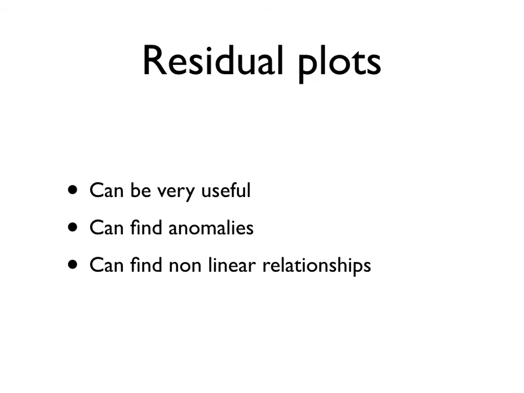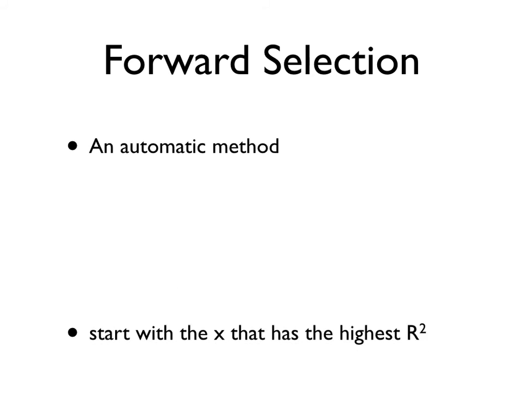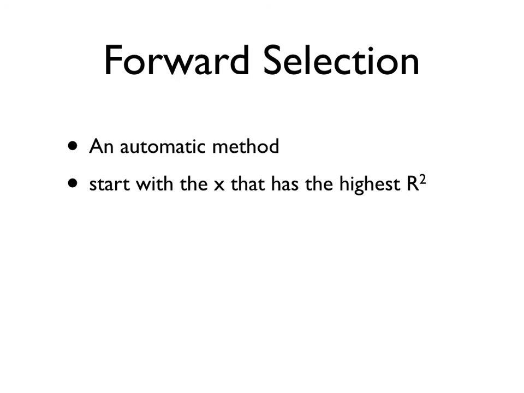Okay, so how would you choose variables? Again, let's say you've got 20. You think to yourself, Dave, there's got to be some automatic way to do this. There is. One's called forward selection. It's an algorithm. We start with the x value that has the highest R-squared, which is the biggest overlap with y.